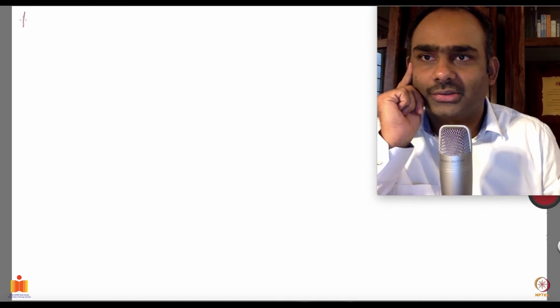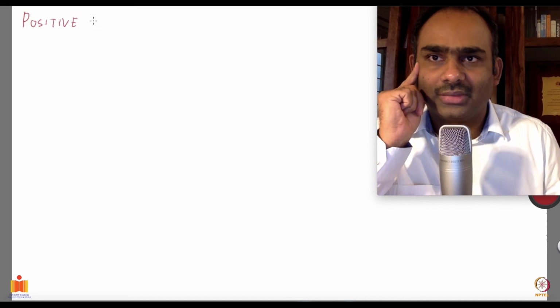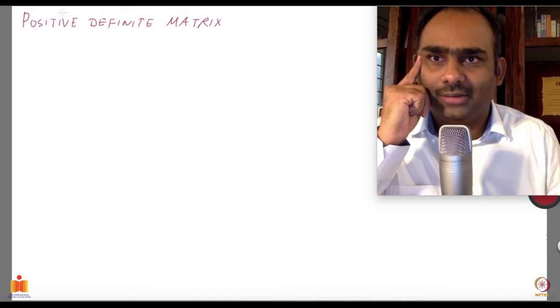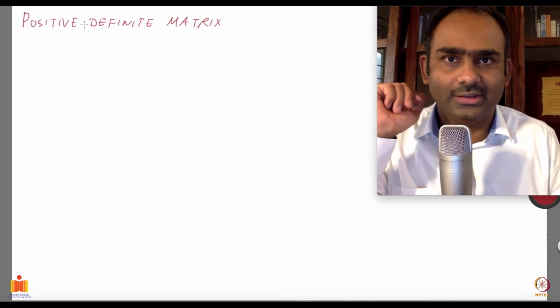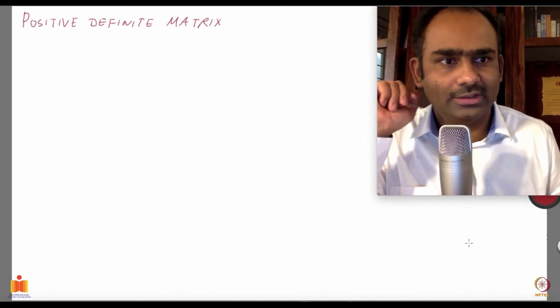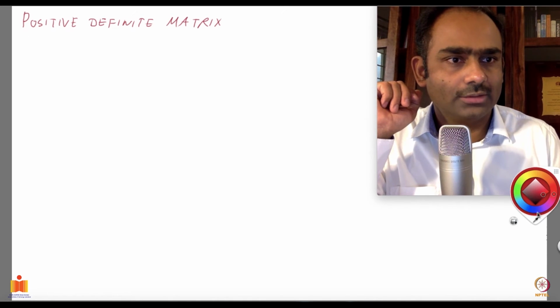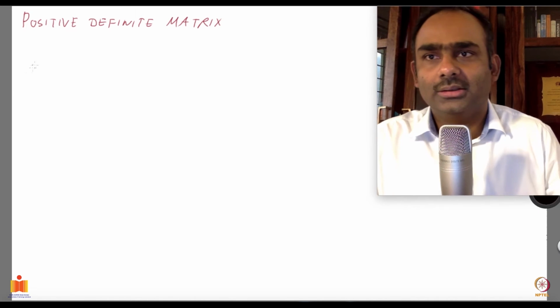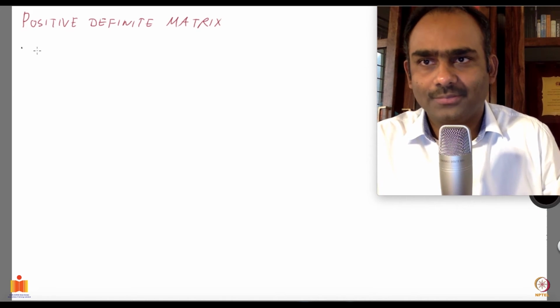Positive definite matrix. And I will also look at positive semi-definite matrix. So anyway, let me define positive definite matrix first. So the definition is here.